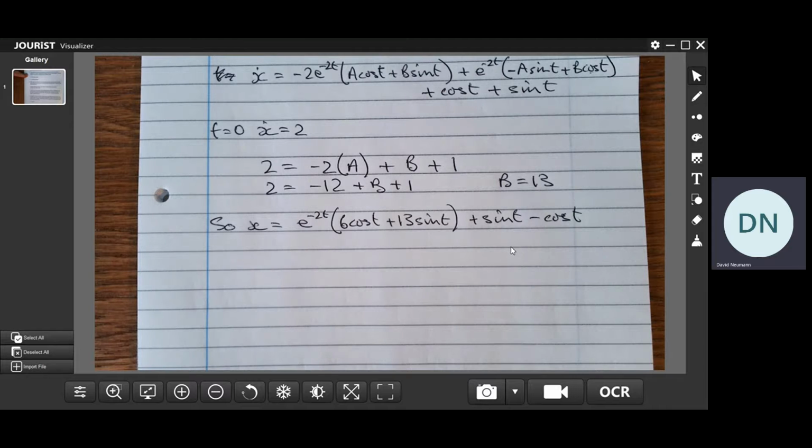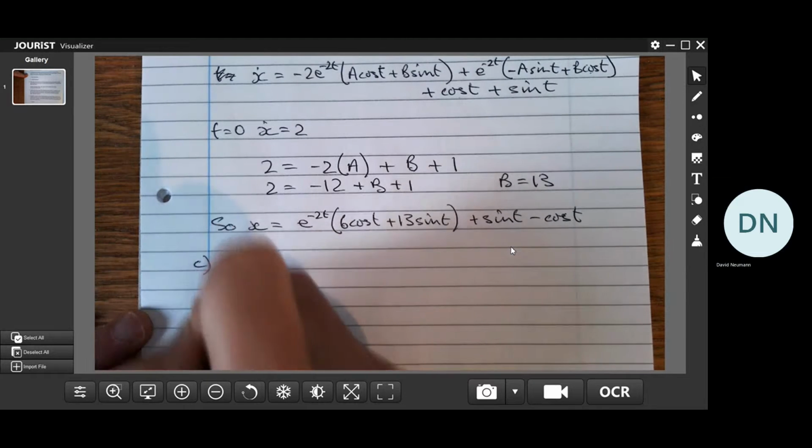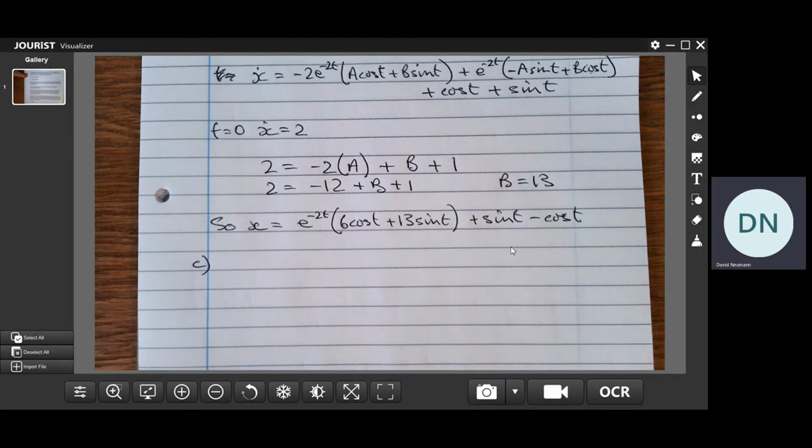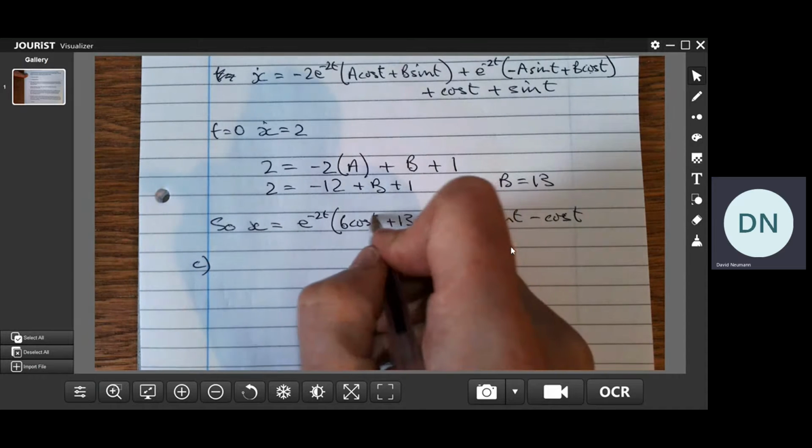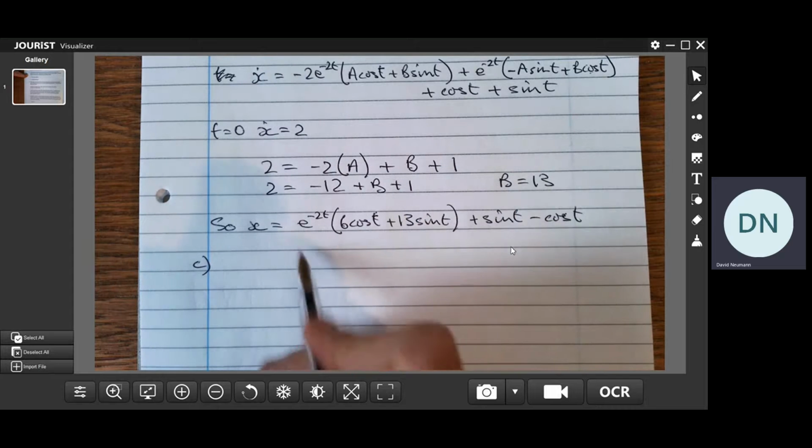And then the next part of the question says describe the motion when t is large. So even if you can't remember exactly what this is called, you can think what happens when t gets large here.